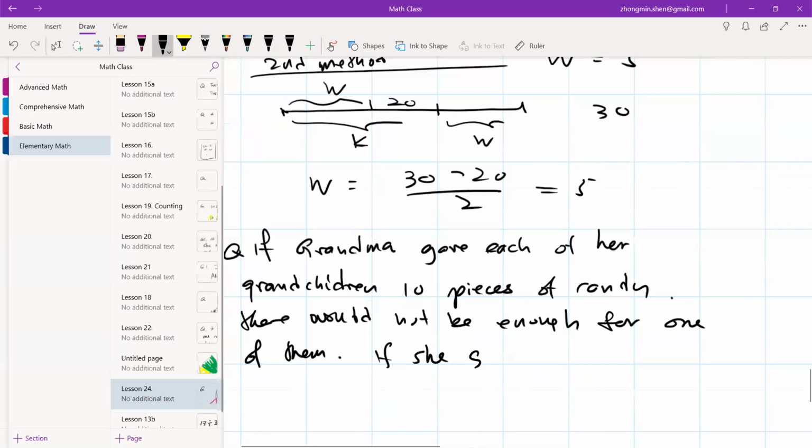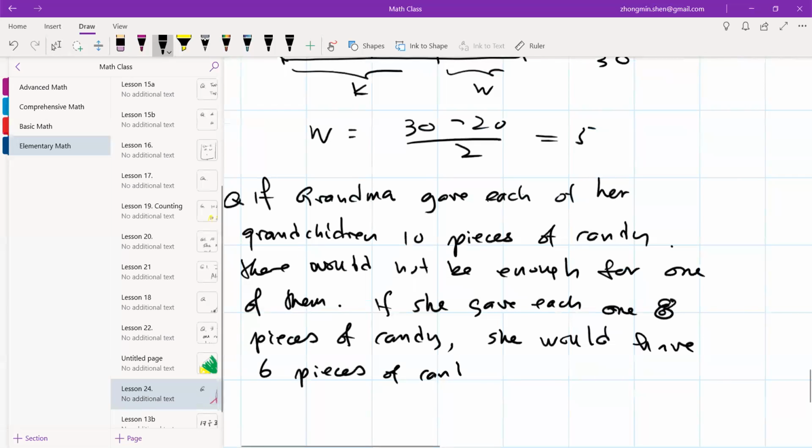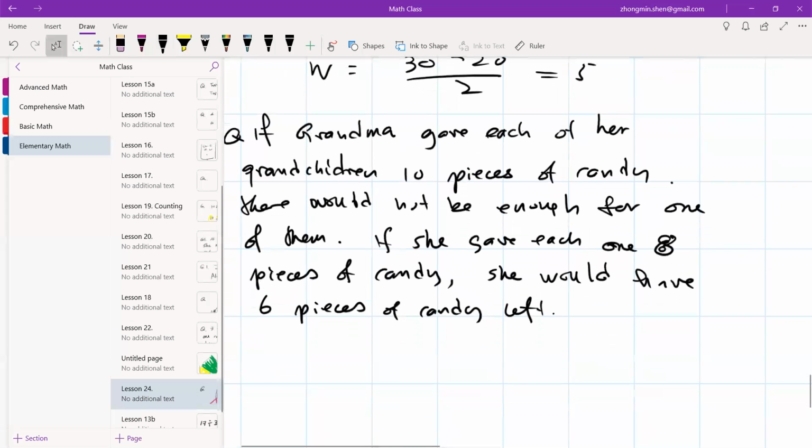Then if she changes the way to give the candies, giving each one 8 pieces, then she finds out she would have 6 pieces left. Okay, how many grandchildren does she have?